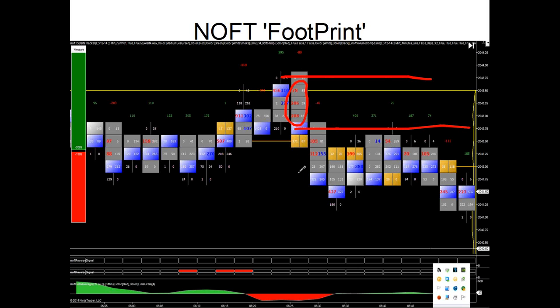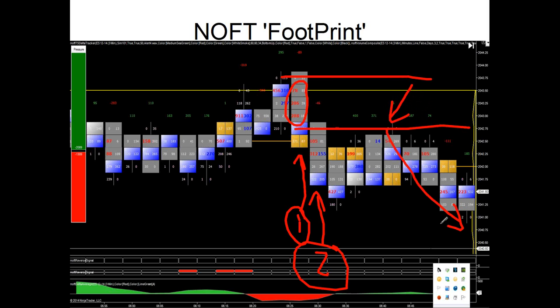If I didn't get filled on, let's call this bar number 1, and I didn't get filled on bar number 2, the market eventually comes back up to my entry point right there, 2042.75, and what happens? We sell off.